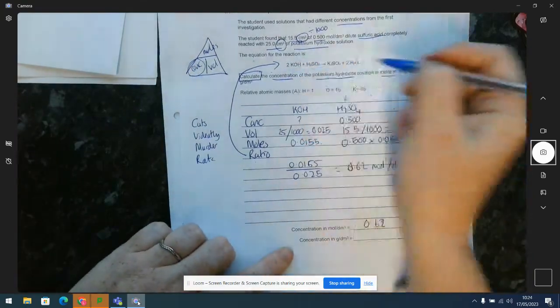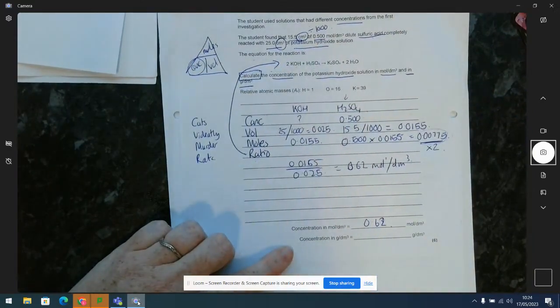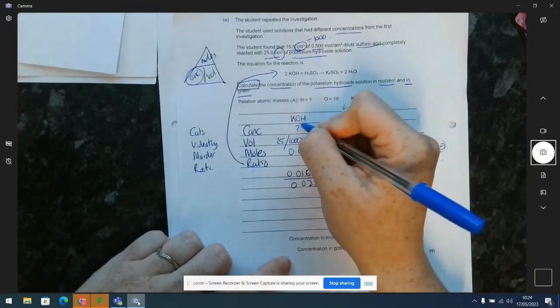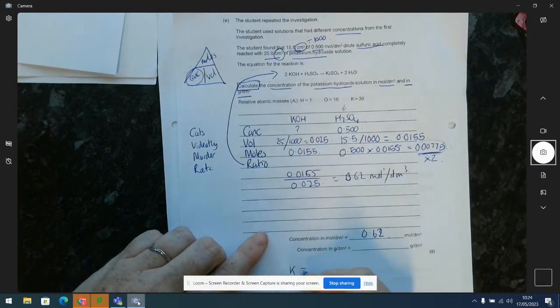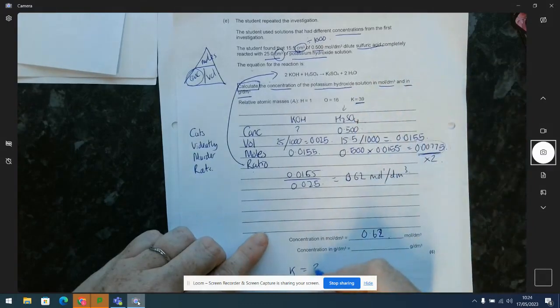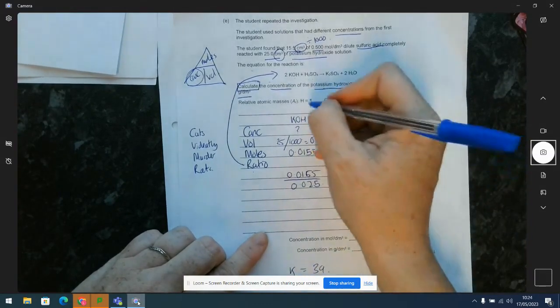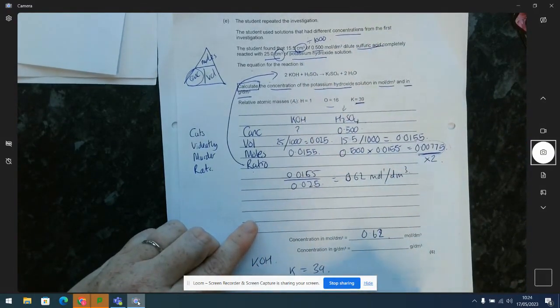It then says that I have to convert that into grams per decimeters cubed. And that is using potassium hydroxide, which formula is here. So I can see that K equals 39 from the periodic table, O is 16, and there's 1 hydrogen in potassium hydroxide, so that equals 1.